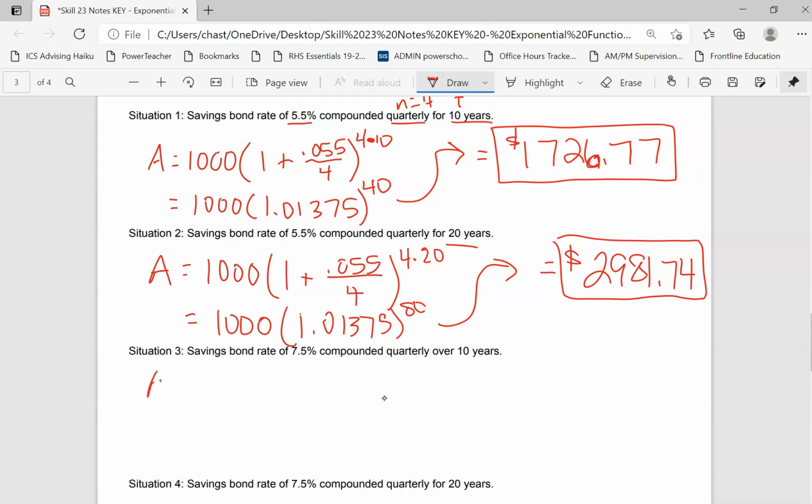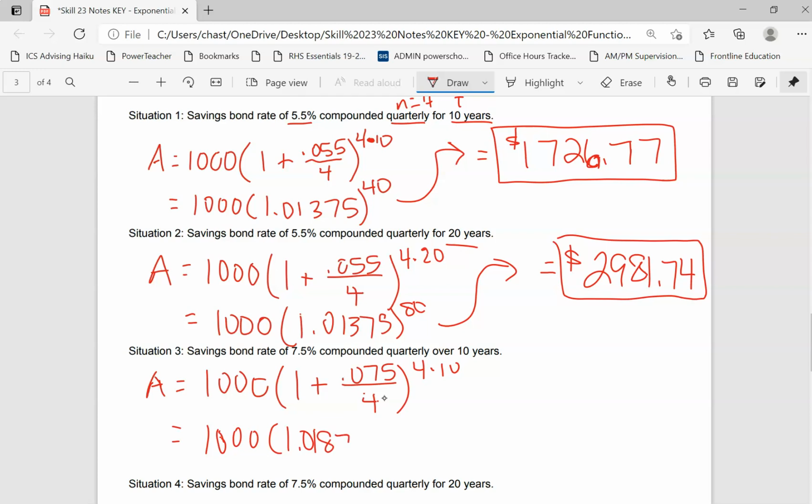Situation 3, same thing, but this time I am improving my interest rate. So it's 7.5%. So I'm going to go ahead and do that. Take 0.075 divided by 4, add 1. That gives me 1.01875 to the 40th.